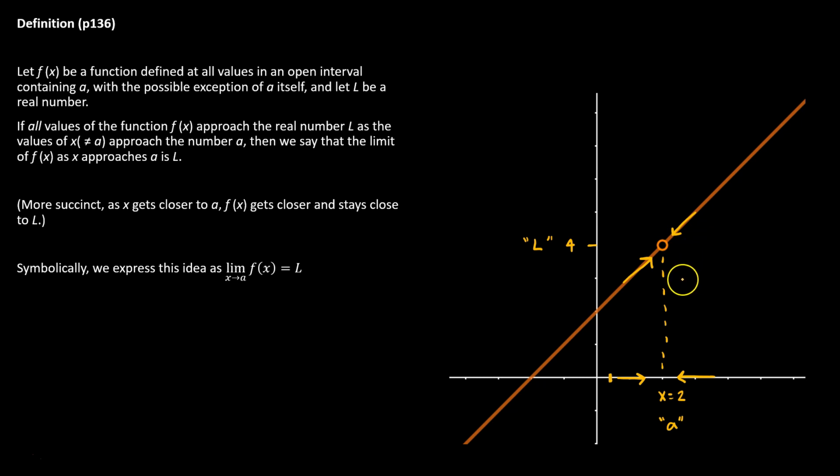So what we're saying is that we're letting x get closer to some number a, and the function output, f of x, gets closer and stays close to some value L. All of that idea is summarized in this small notation. We read that as the limit where x is approaching a of the function f of x, and we're saying that it's equal to a number L.